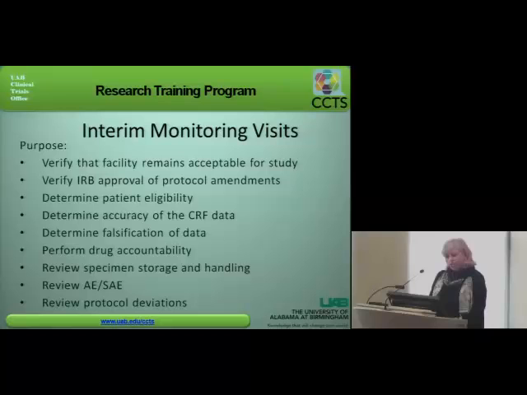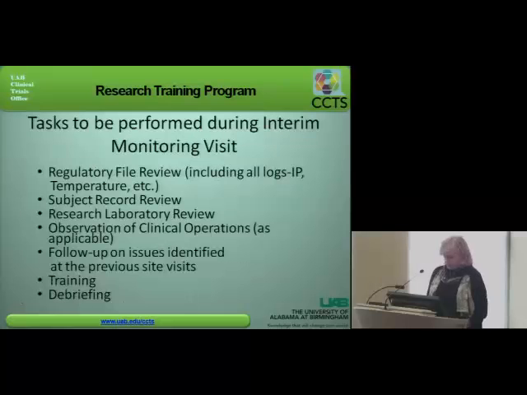And they want to make sure that AEs and SAEs have been recorded and reviewed by your PI, and they want to review any protocol deviations. The tasks performed during the interim monitoring visits also include reviewing the regulatory binder and making sure that all logs are up to date, and your temperature logs with your IP and with your labs.